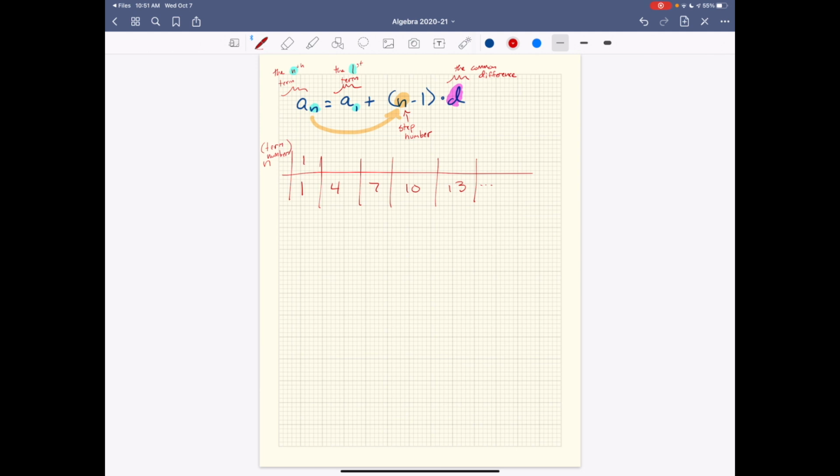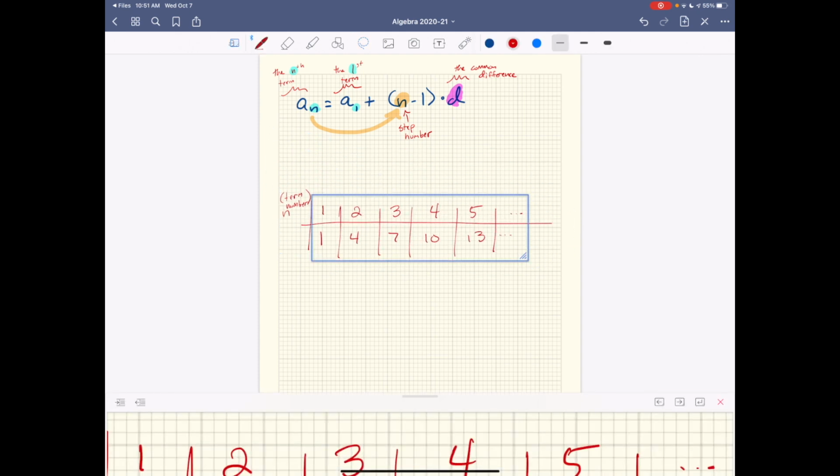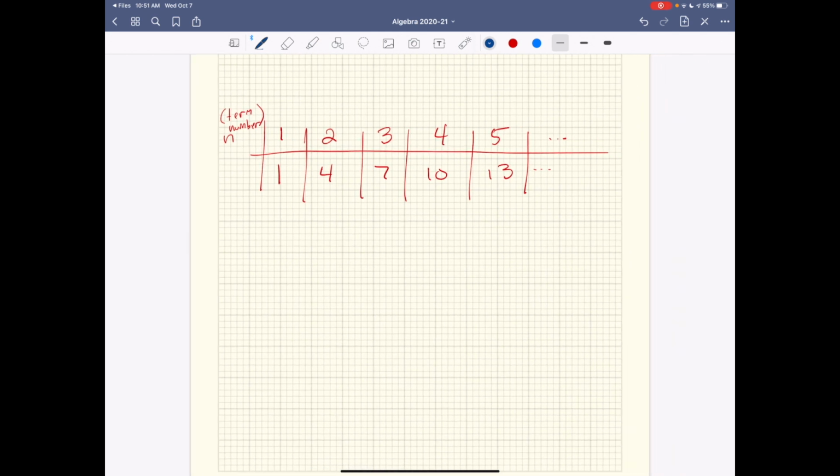That was the first term, and then 4 was second term, and 7 was third term, fourth term, fifth term, etc. Remember, this would be a sub n. So a sub 1 is 1. A sub 2 is 4. A sub 3 is 7. That make sense?